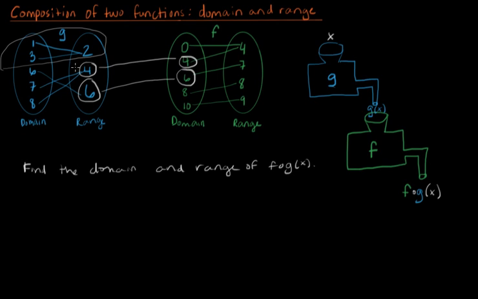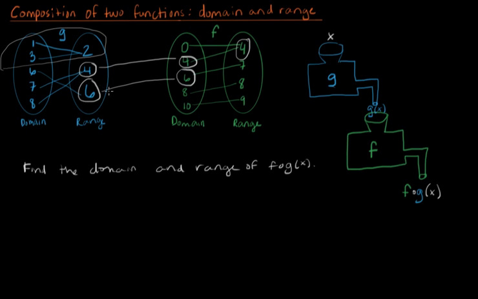Okay, so now I want to see what's going to happen to these values. So 6, 7, and 8 are all inputs that give me 4 and 6 as outputs. 7 and 8 give me 4, and 6 gives me 6. Then that 4 is going to go into the f function and come out as 4.